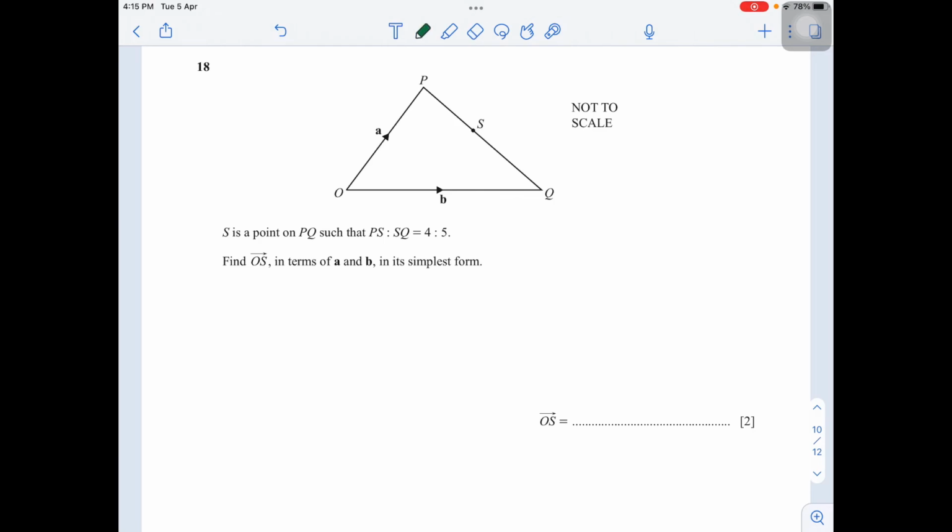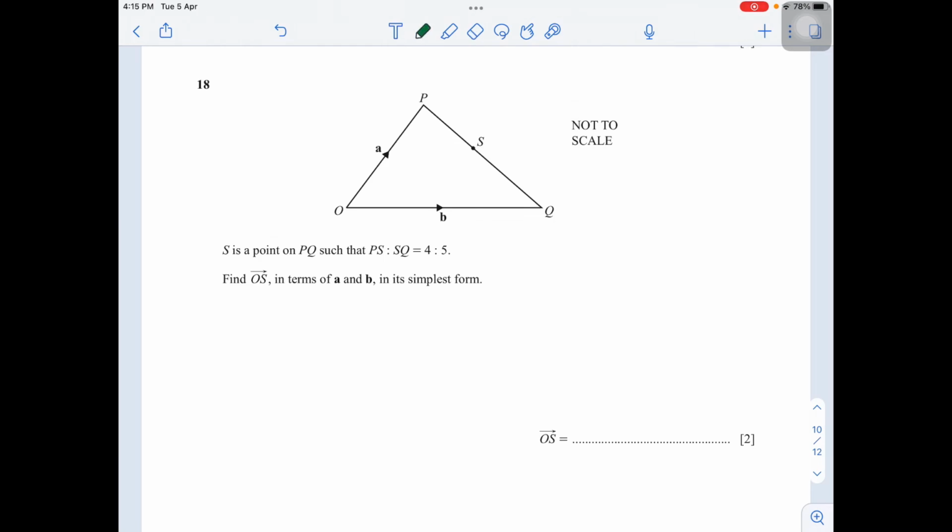Alright, let's try this. Number 18, S is a point on PQ such that PS is to SQ is 4 is to 5. So this is 4 parts and these are 5 parts. So total parts are 9. Find OS in terms of A and B in its simplest form.